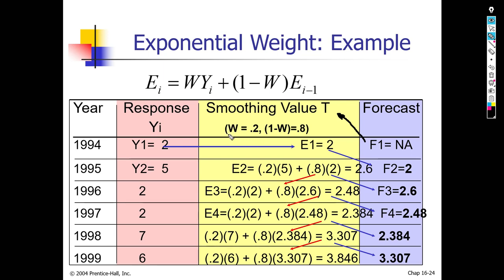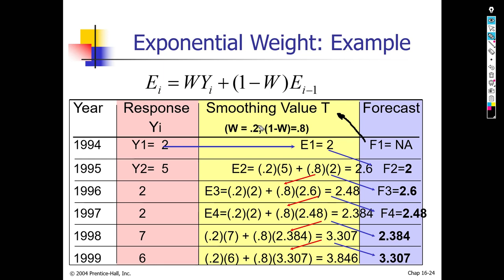If you set a small value here, it means you give more importance to the previous value. If you set a big value, greater than 0.5, it means you give less importance to the previous data.